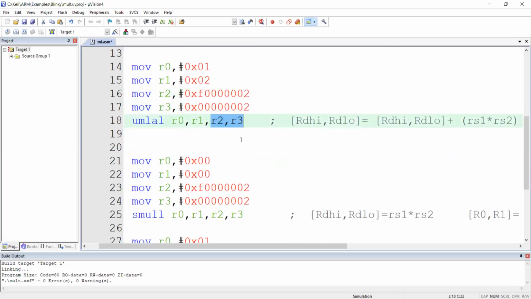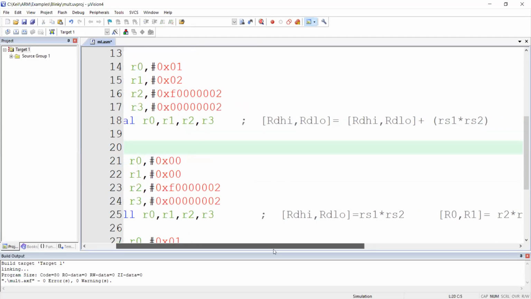Here I kept them. Okay, so I want to store the result in R0 and R1 because I am sure that the result of this multiplication is not possible to store in one register. So what are the destinations I took? R0 and R1 together. Okay, now the next slight change.